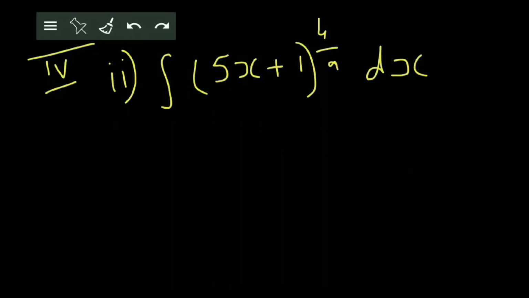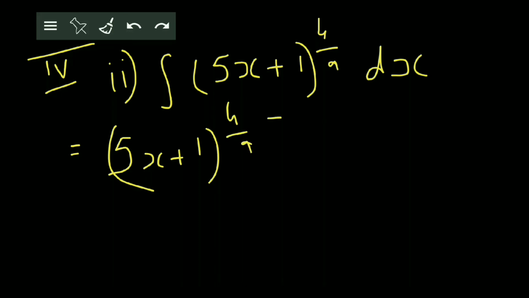Now the fourth question, solve the following of miscellaneous exercise on page number 138. The second question in that, integral of (5x plus 1) raised to 4 upon 9 dx. Again the formula, initial formula is x raised to n only. So over here this becomes (5x plus 1) raised to 4 upon 9 plus 1, that is raised to n plus 1 upon n plus 1, isn't it?